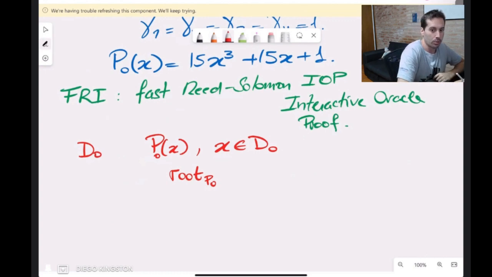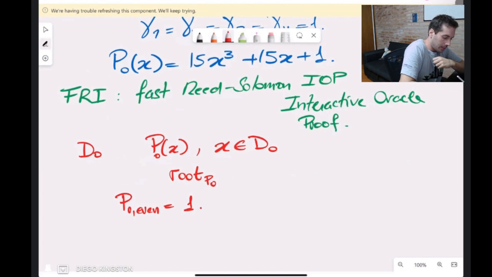Now that we did this, what we need is to get some way of cutting the degree of our original polynomial. So what we are going to do is split the polynomial between odd powers and even powers. So if we do this, then we have P0 even, and in this case, it is simply 1, and x times P0 odd of x is simply 15x cubed plus 15x.